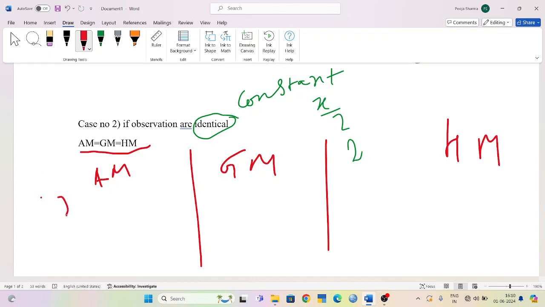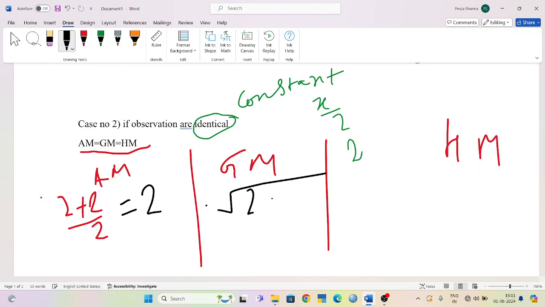Here A is 2, so 2 plus 2 divided by 2. 2 plus 2 is 4 and 4 divided by 2 is equal to 2. The formula of GM was root over A into B, that is 2 into 2. 2 into 2 is 4 and root over of 4 is 2.